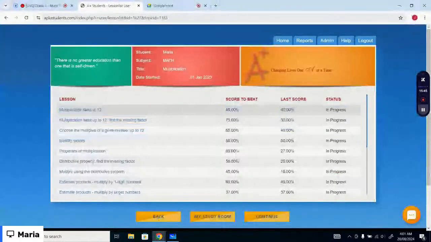So here I'm on grade 4 math. The chapter we're going to start with is multiplication.